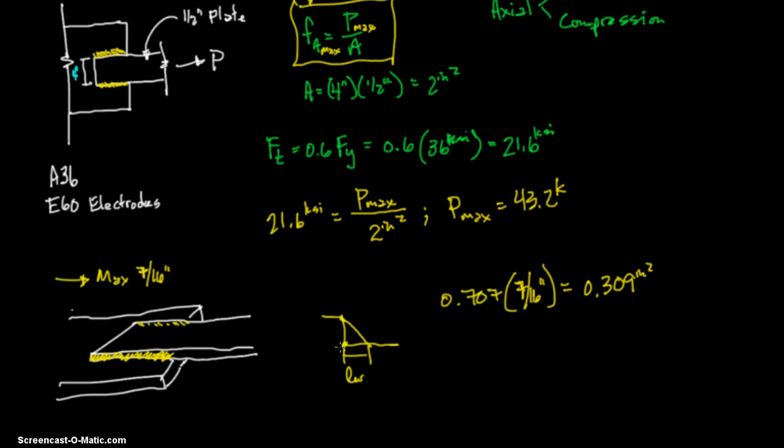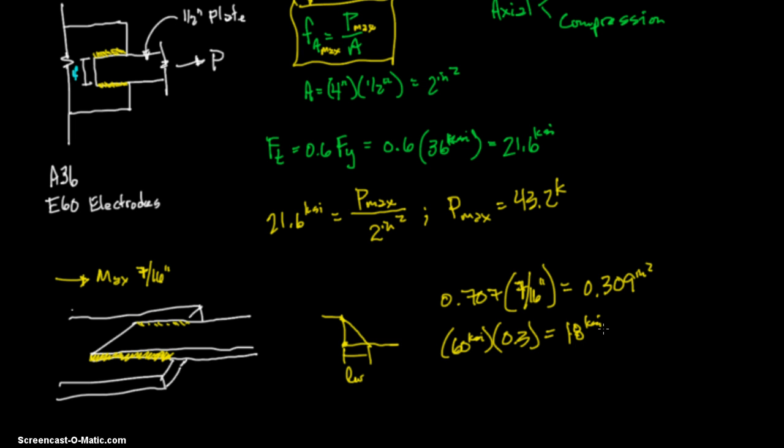All right, so we have a 60. So I'm assuming this is E60. So let's say it has a 60 strength. So we want to take 60 times 0.3, and we get 18 KSI.